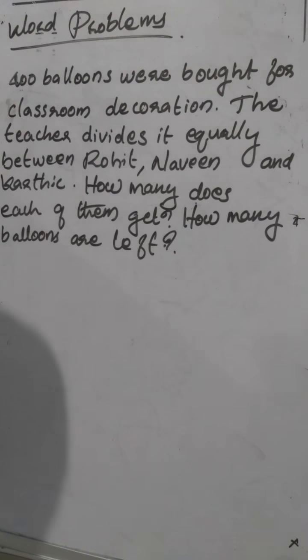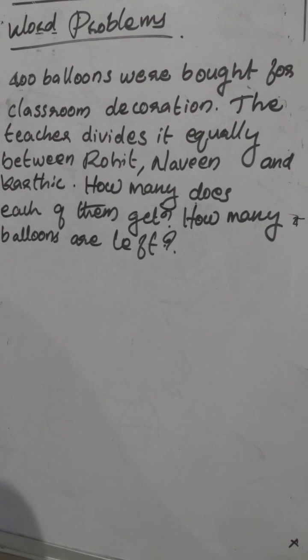So here in this question, we have to find the number of balloons got by Rohit, Naveen and Karthik. First we have to divide these 400 balloons equally between Rohit, Naveen and Karthik.